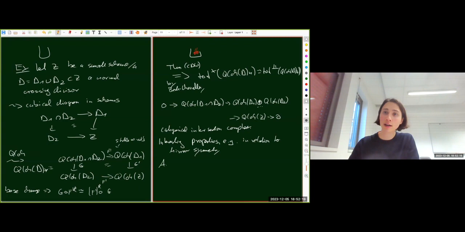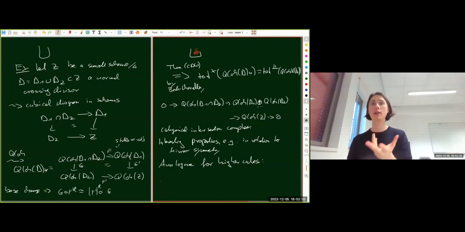And a final remark is that there's also an analog of the totalization in this example for higher cubes, where you basically iteratively totalize at adjacent coordinates.